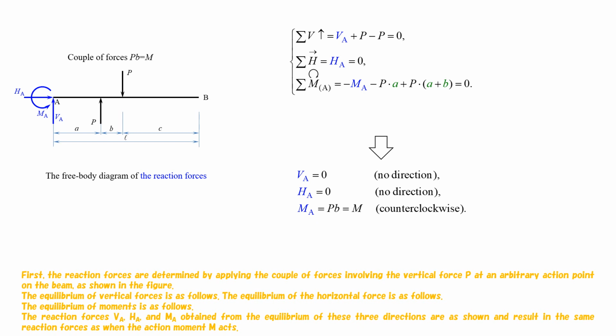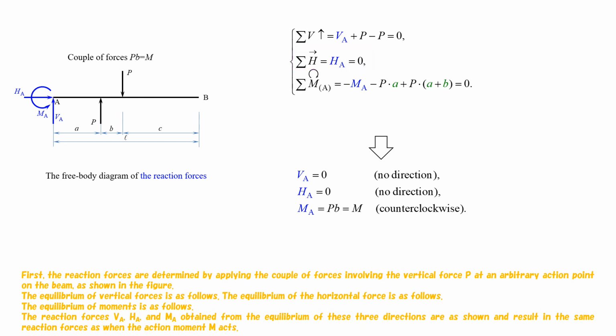First, the reaction forces are determined by applying the couple of forces involving the vertical force P at an arbitrary action point on the beam, as shown in the figure. The equilibrium of vertical forces is as follows. The equilibrium of the horizontal force is as follows.